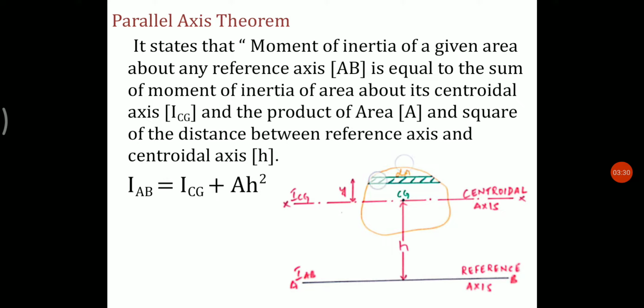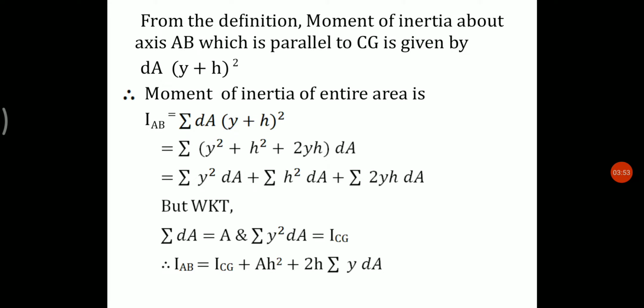Now consider an elemental area dA at a distance of say y from the centroidal axis, as shown in this figure. From the definition, moment of inertia about axis AB, which is parallel to CG, is given by dA into (y plus h) whole squared.